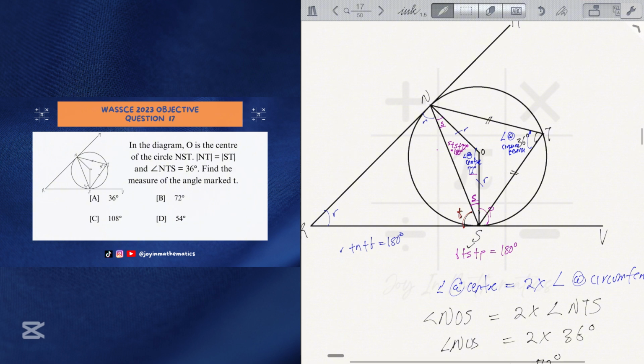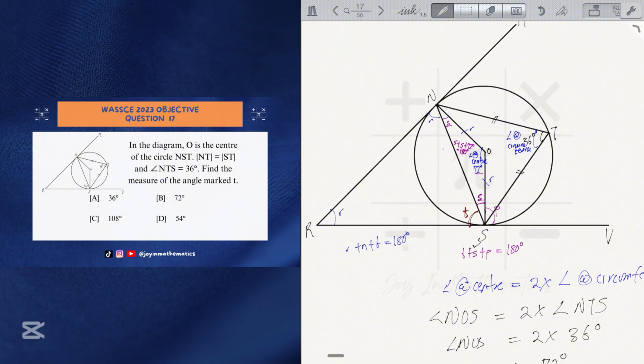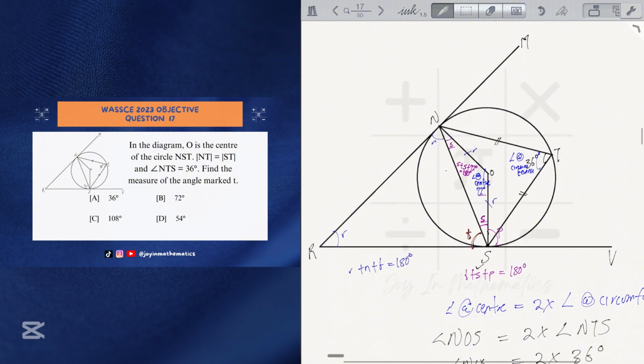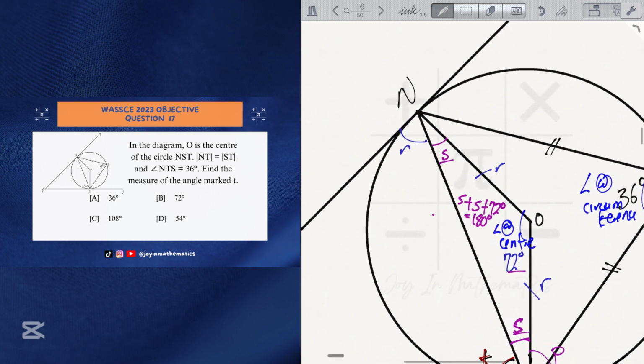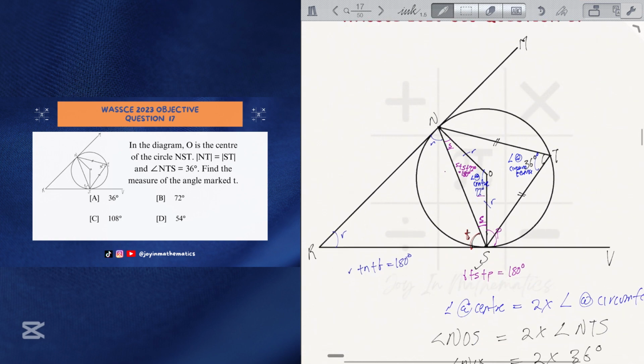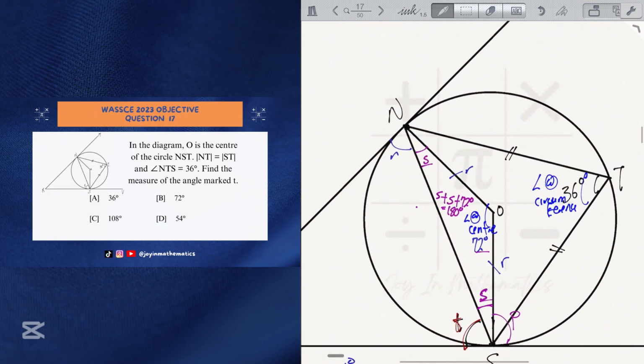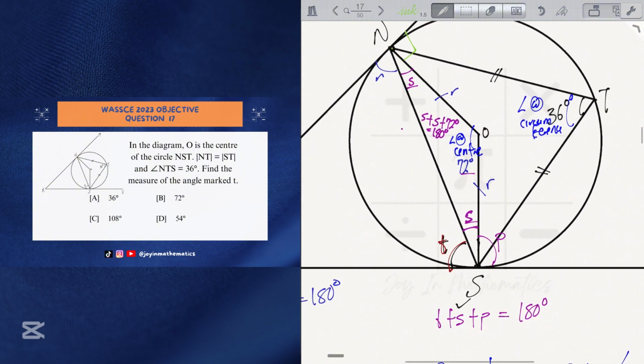Similarly, we have line RNM meeting at point N with the radius. So the relationship here says that when we have a tangent meeting with the radius at a circumference, the angle will be equal to 90 degrees, and this would also be equal to 90 degrees.